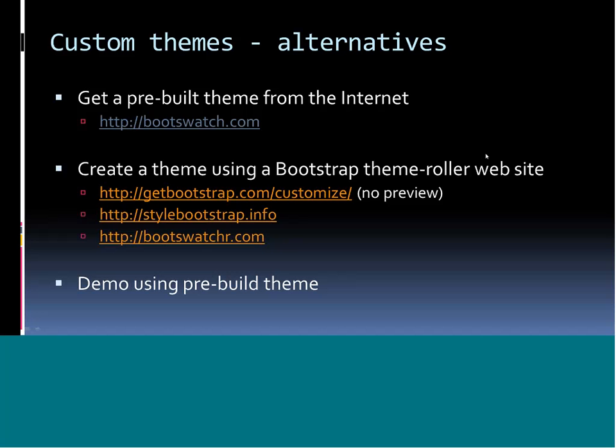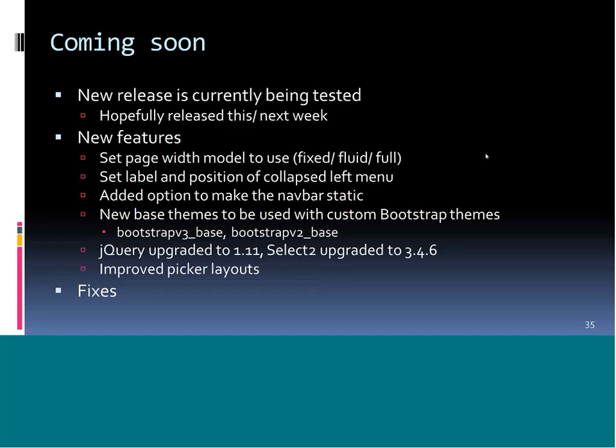Like I said, a new release is currently being tested, and I hope to release it in the next couple of weeks. Here are some of the new features that are available in the new release of Bootstrap4XPages. The page width model to use can be set in the application configuration. You can set the label position of the left nav menu. We added an option to make the nav bar static or a fixed position at the top.